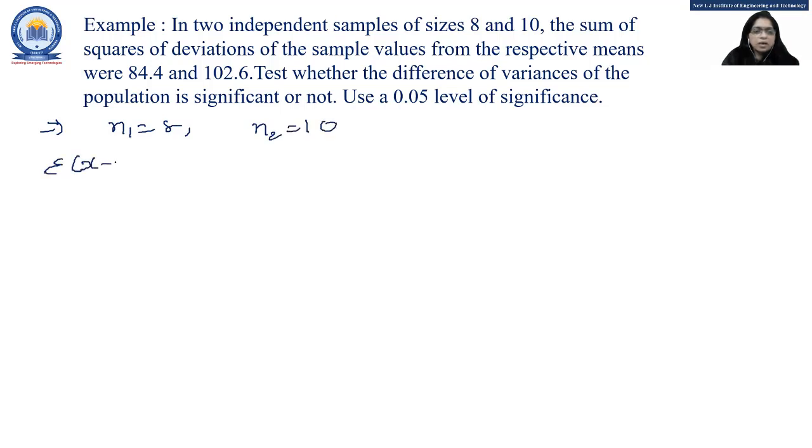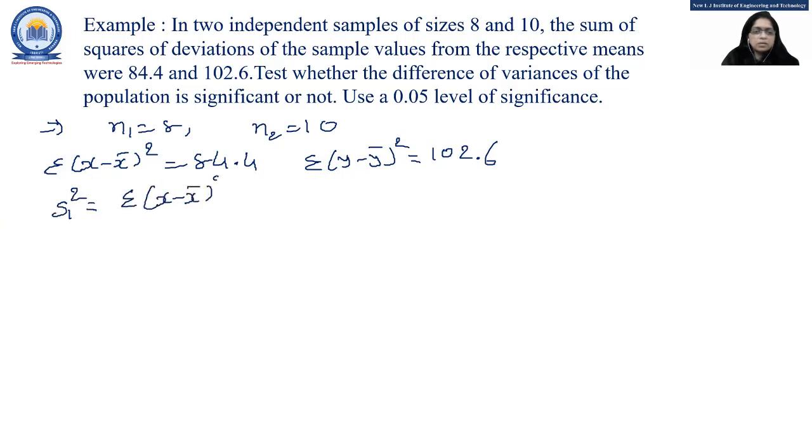Sigma (x minus x bar) the whole square is 84.4, and sigma (y minus y bar) the whole square is 102.6. S1 square is sigma (x minus x bar) the whole square upon n1 minus 1, here 84.4 upon 8 minus 1, which is 7.